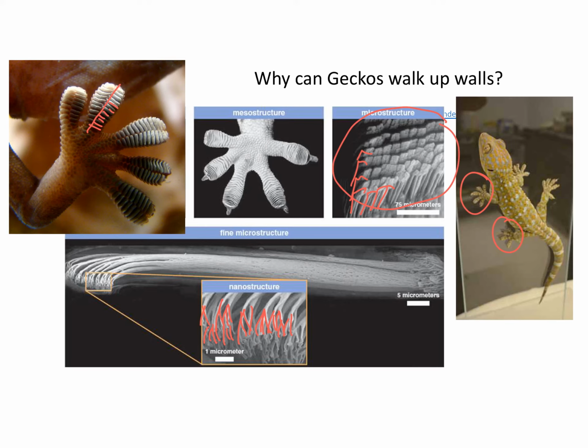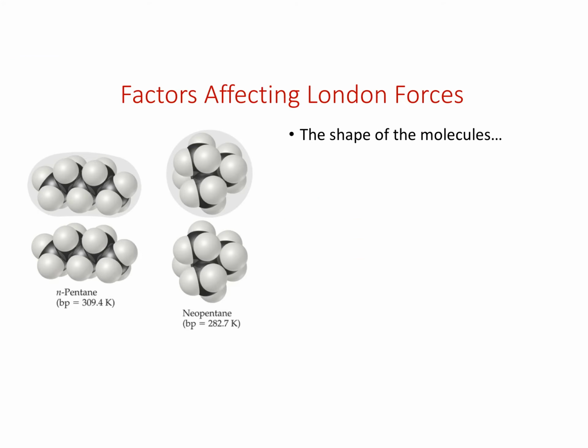If we understand that structure and its properties, we can use that to our advantage. Something else to think about with London dispersion forces is the shape of the molecule. I've got N-pentane and neopentane. These are isomers of the same molecule.